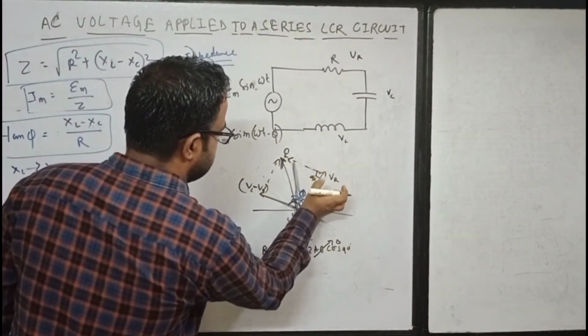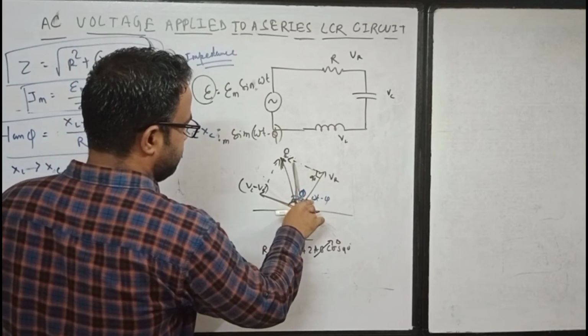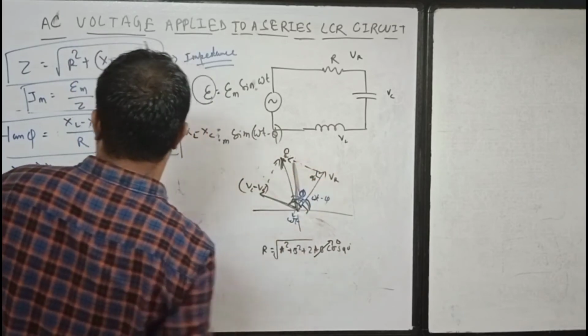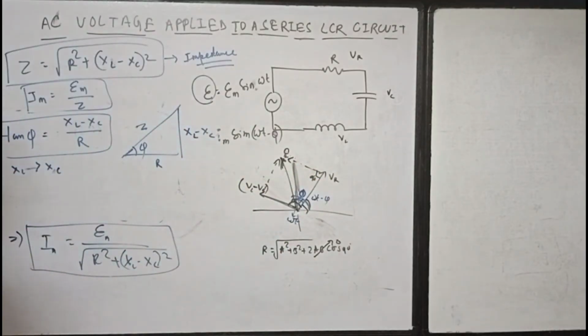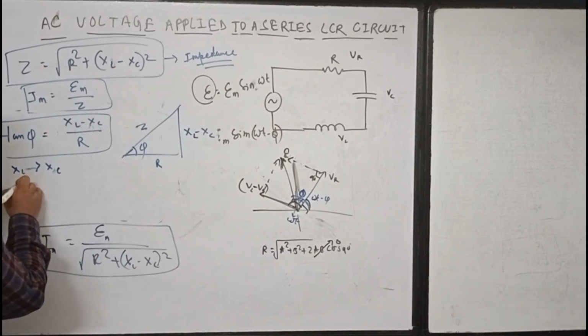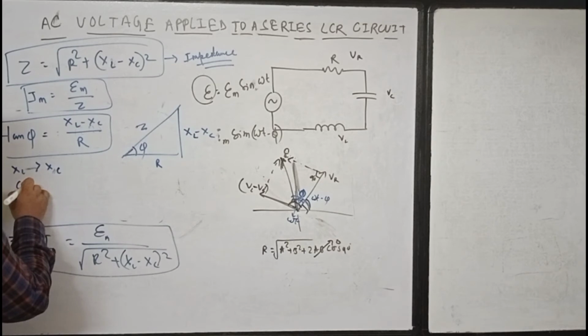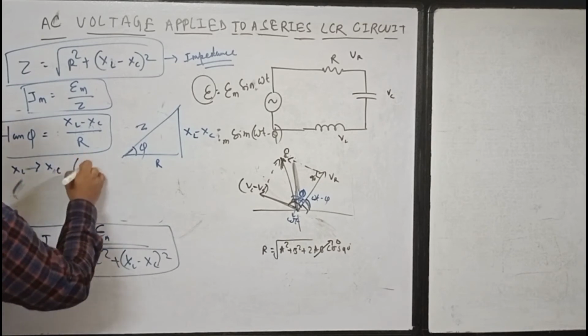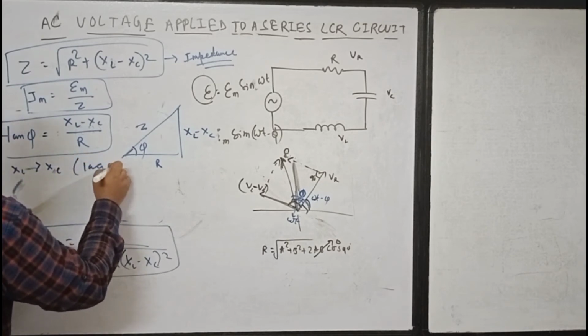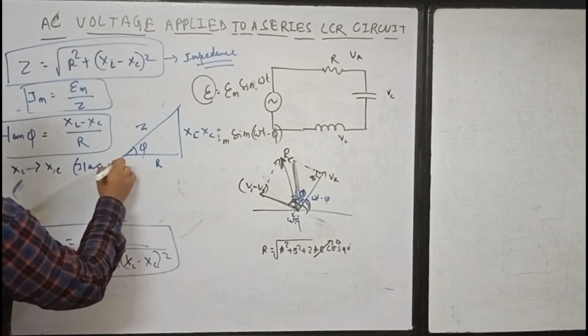Here the current will come to the left side because it's a positive one, so omega t minus phi. Your current will be lagging behind the voltage. So I will be lagging.